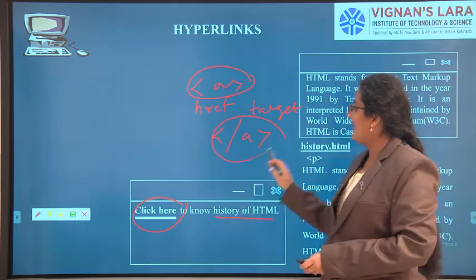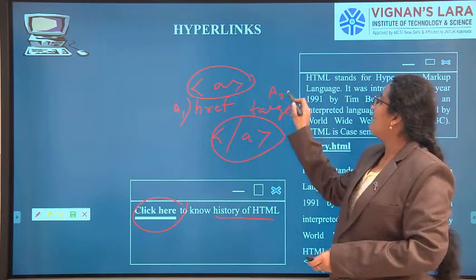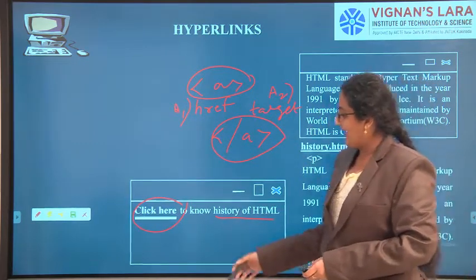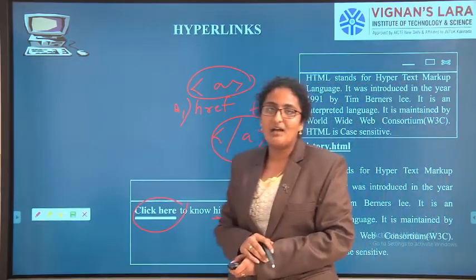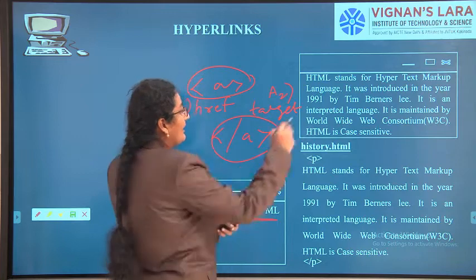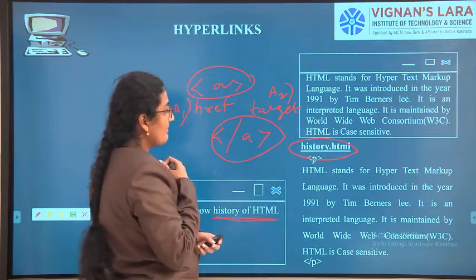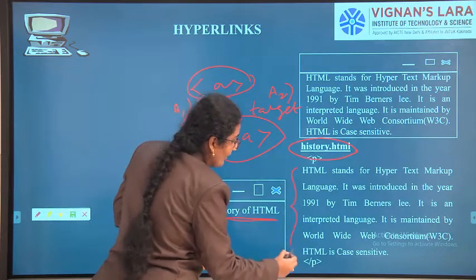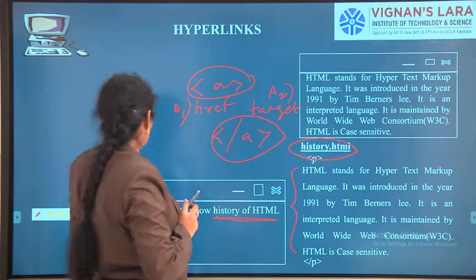This is the closing of the anchor tag. It has two attributes, attribute 1 href, attribute 2 target. So what hyperlink have I generated? To download the history of HTML, I have generated the hyperlink. See how it will be there. I have already created a history.html page. In that I have given the history of HTML as a paragraph. That I will give as the hyperlink.